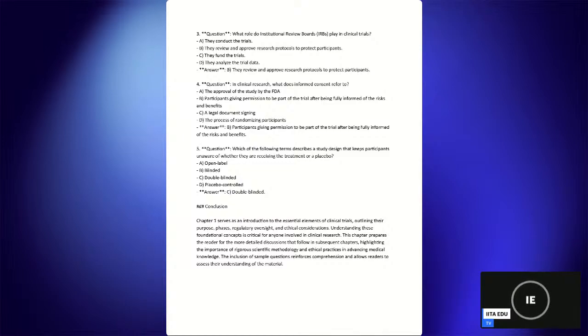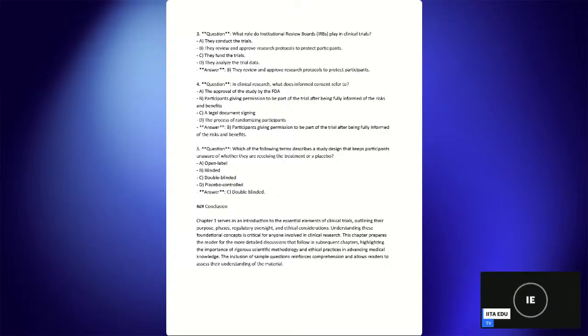In conclusion, chapter 1 of our manual serves as an introduction to essential elements of clinical trials, outlining the purposes, phases, regulatory oversight, and ethical contribution. Understanding these fundamental concepts is crucial for anyone involved in clinical trials or clinical research.